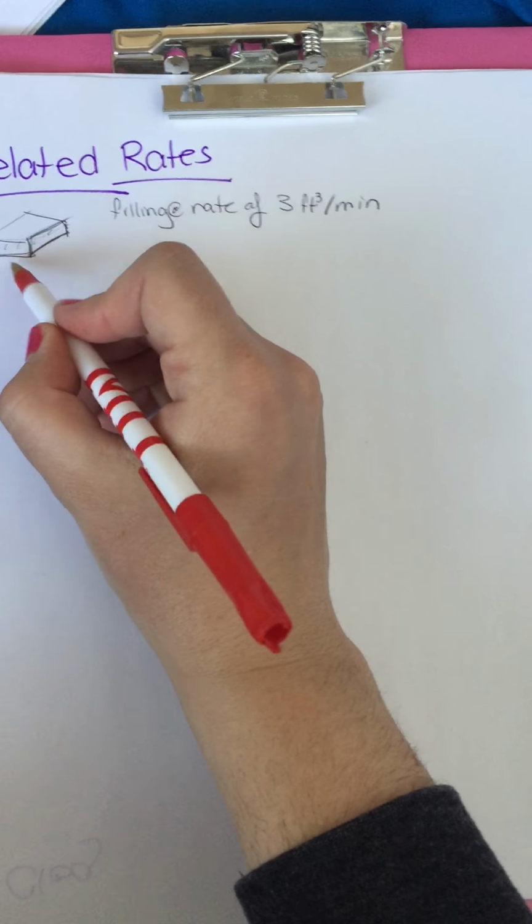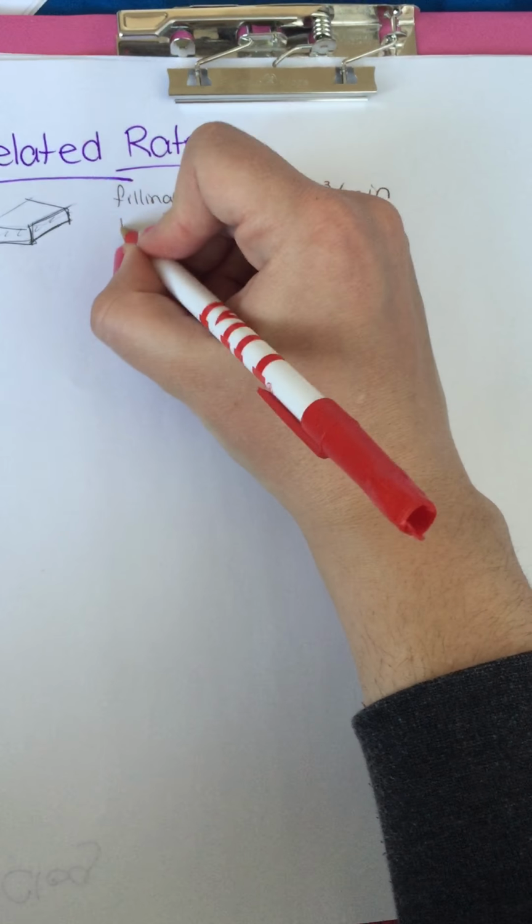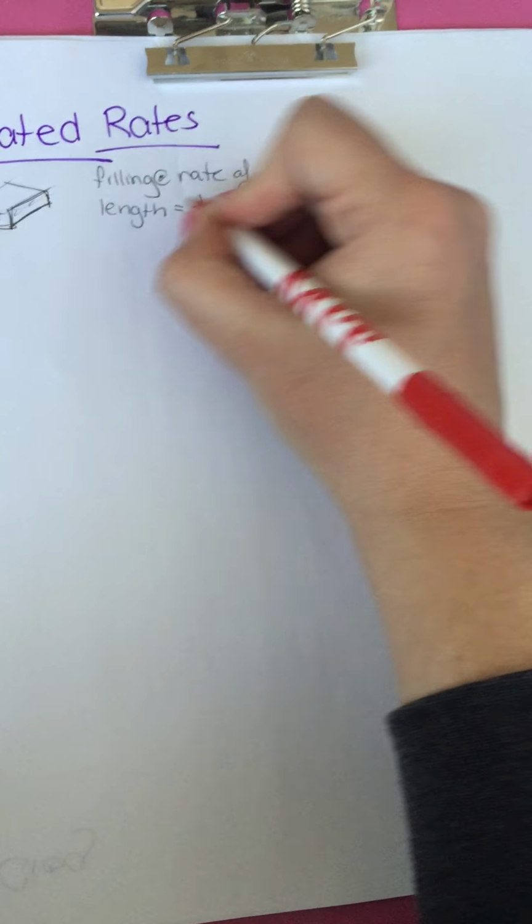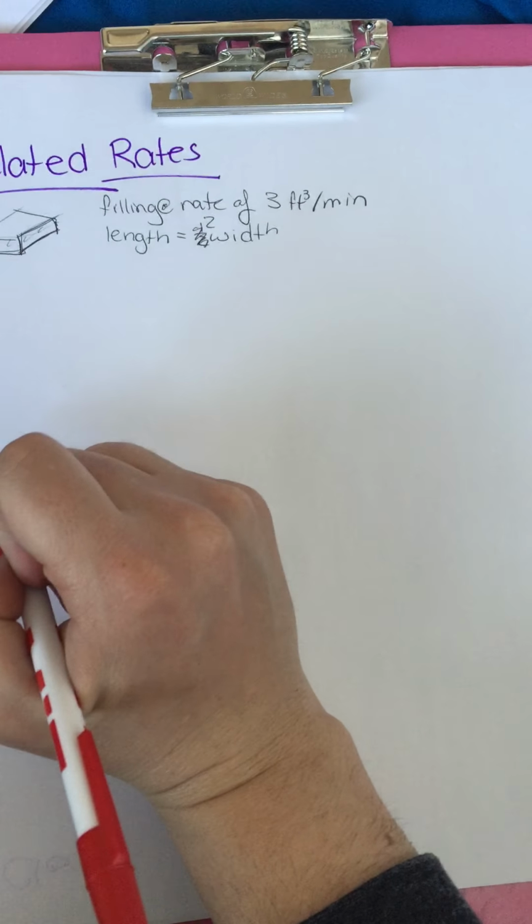And I know that the length of my pool is 2 times my width, because that would make it the other way around.